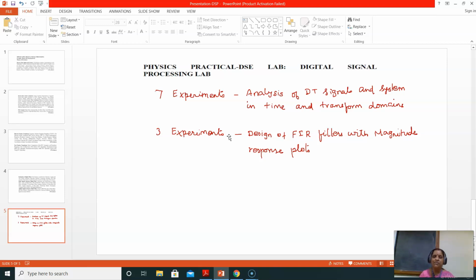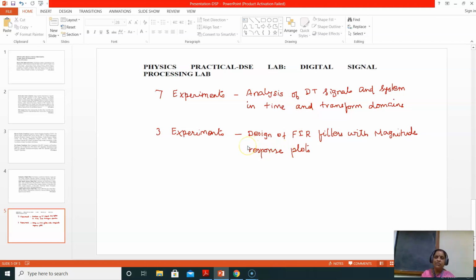The remaining 3 experiments deal with design of FIR filters, and by plotting the magnitude response, we can analyze the FIR filter performance. These simulation experiments need to be done to supplement the understanding of the digital signal processing course in a better manner.